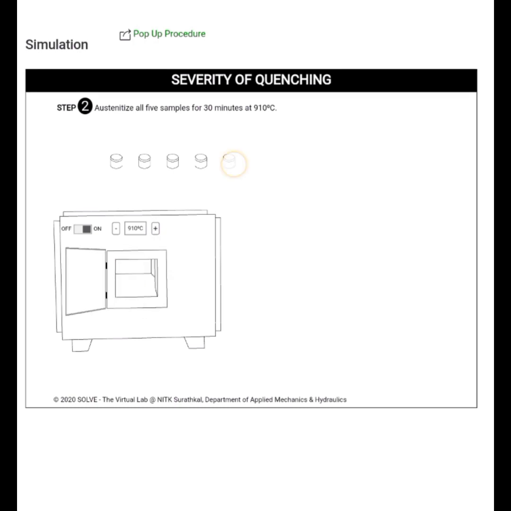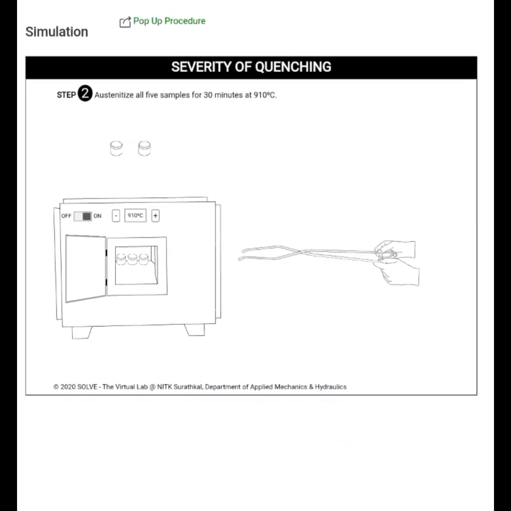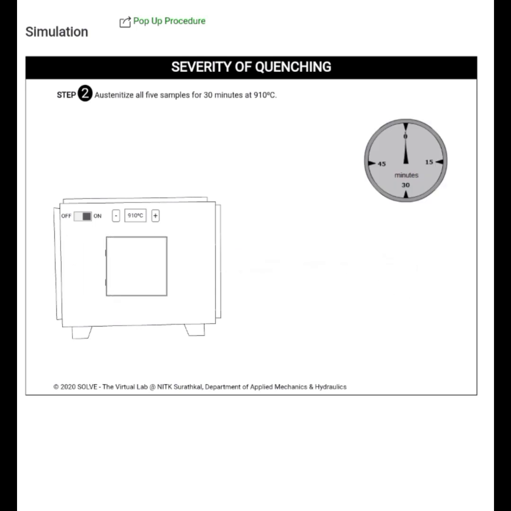Put all of the 6 carbon steel samples inside the machine. Close the door and wait for 30 minutes for the carbon steel to heat. Turn off the machine and open the door.